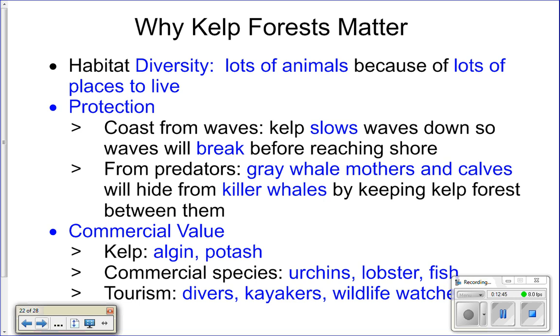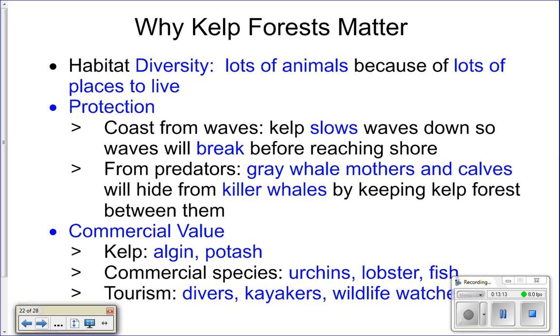And what the mother gray whales will do is they'll actually swim in between a kelp forest and the open ocean to try and hide from the killer whales. So you've got the shoreline, some space, and then the kelp forest, and then the open ocean. They'll swim in that space. So that essentially allows them to hide from the killer whales. They're not as obvious to the killer whales. So the kelp forest helps to protect baby gray whales.